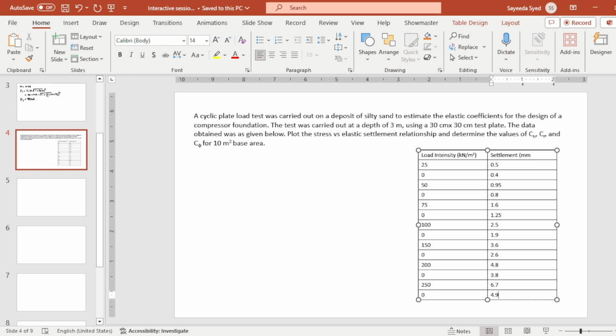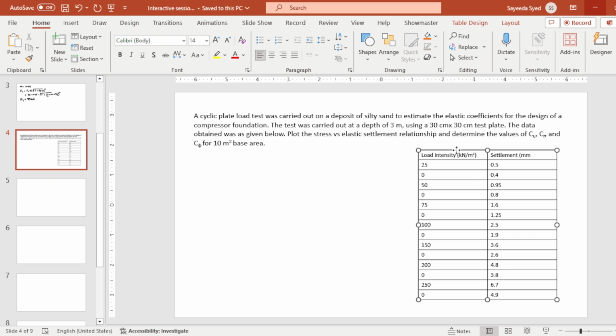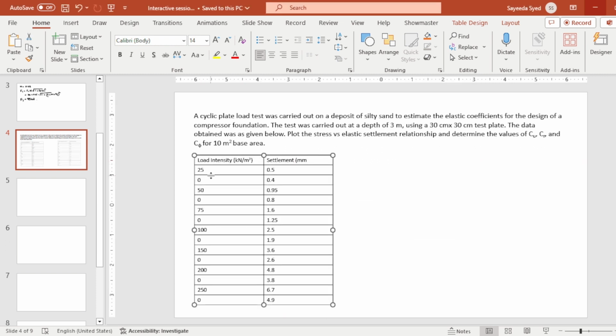Let's proceed to solve this question. From the given data, what we can do is calculate the elastic settlement as the difference between these values at a particular loading, for a particular load.